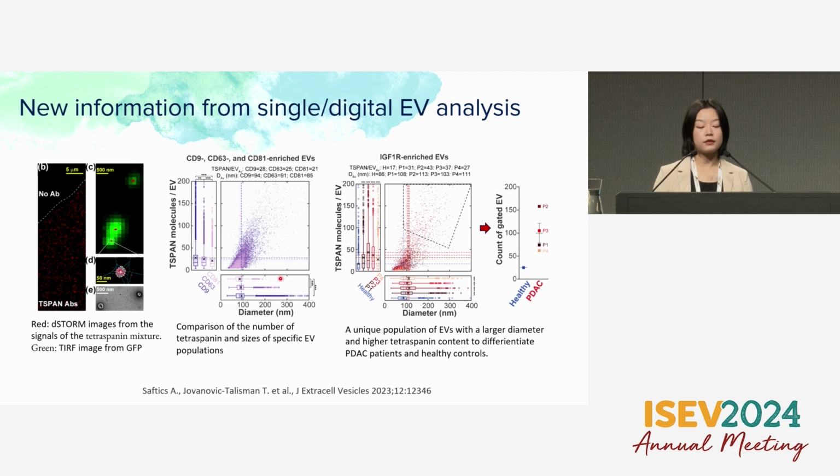From this data, they were able to identify a new population of EVs with a larger diameter and higher tetraspanin content. This allows differentiation between pancreatic cancer and healthy controls. And this shows that with the new information we obtain from single EV analysis, it may allow us to have new metrics with diagnostic impact.